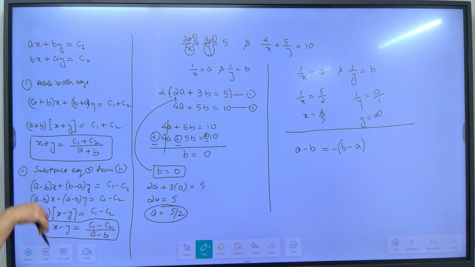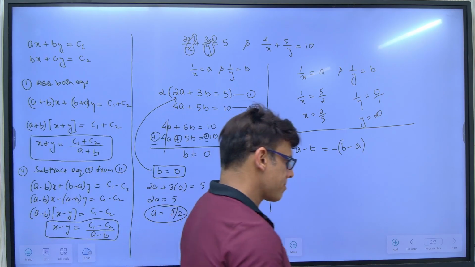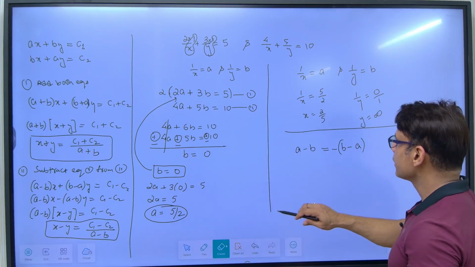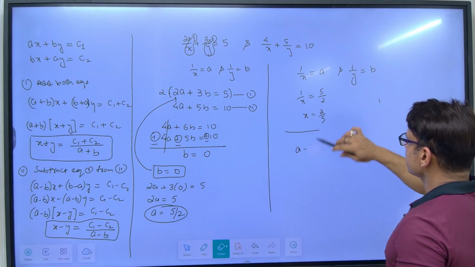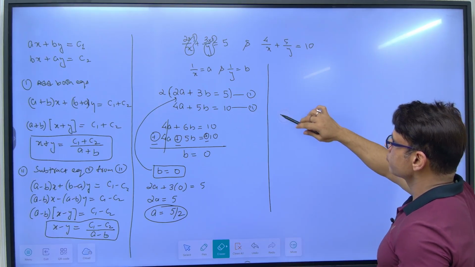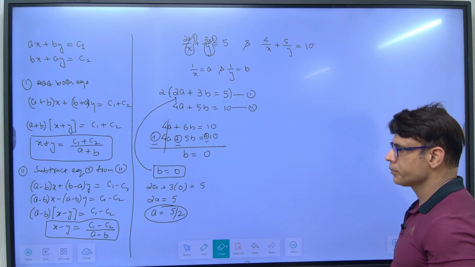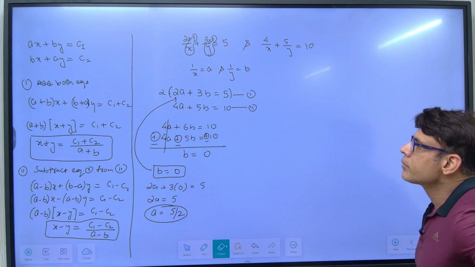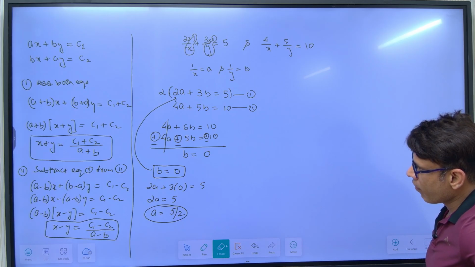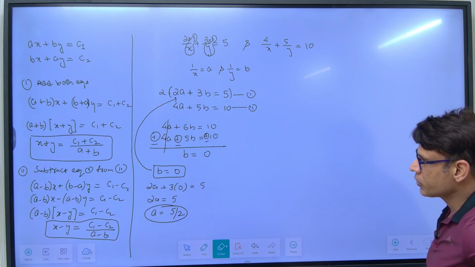Add them: plus y and minus y get cancelled out, you have 2x and so on. Clear this one? Understood? Okay.